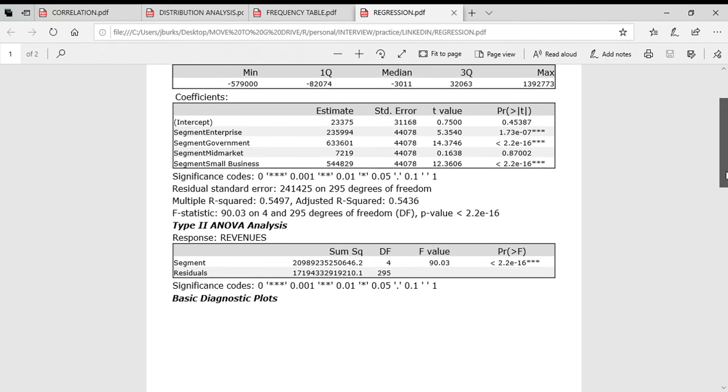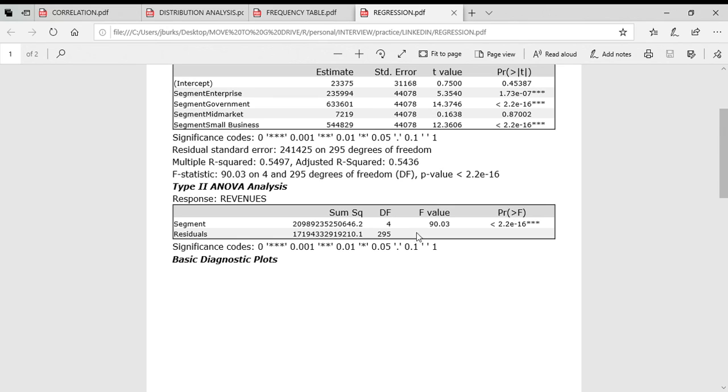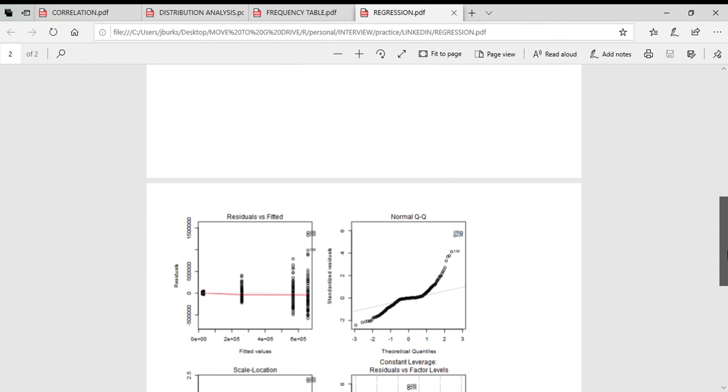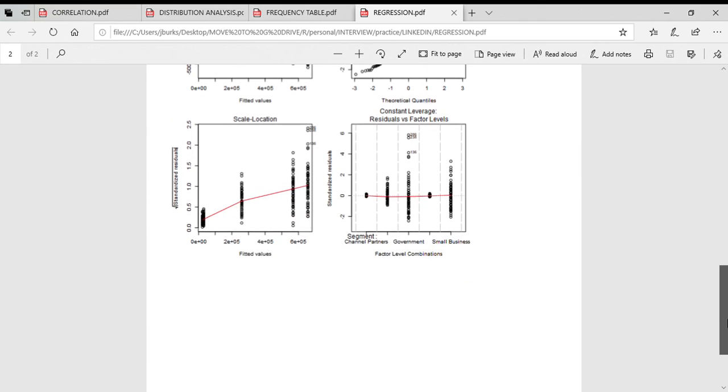And the F value is a different computation. It's looking at the sum of the squares between the variables and the sum of the squares within the model, which is a different mathematical computation. And then down here you have your residuals versus your fitted charts and some other analysis.